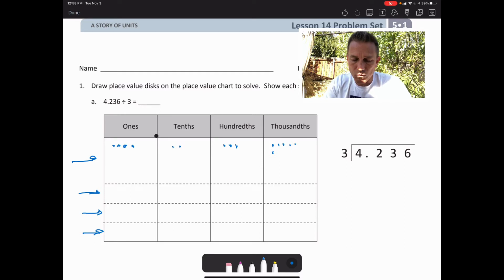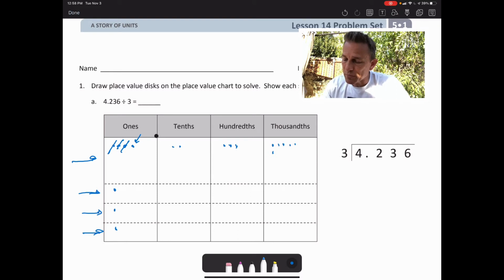So we're going to put one here, then another one here, then another one here. Now this is all I can distribute evenly 3 ways. I have an extra 1 here, but I can't split it 3 ways. So out of the 4, the number that I can share to each group would be 1.